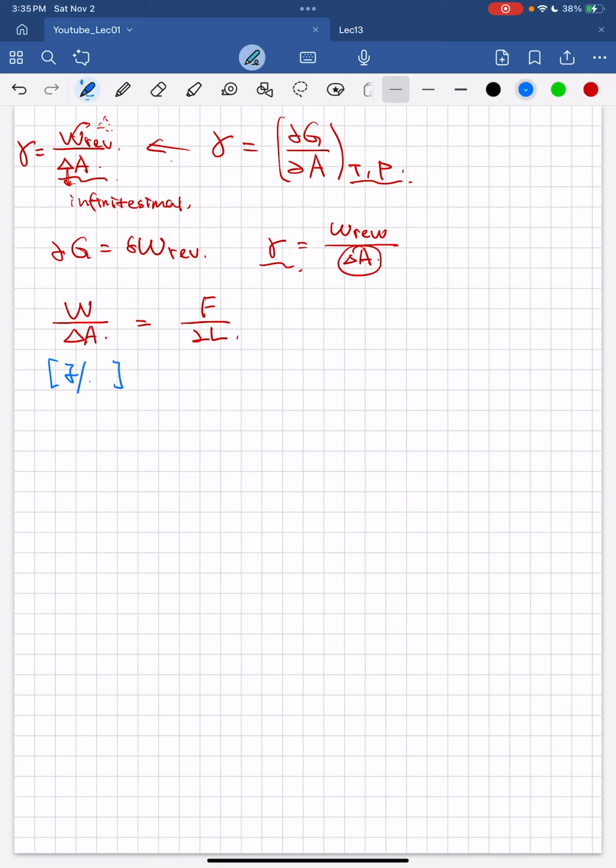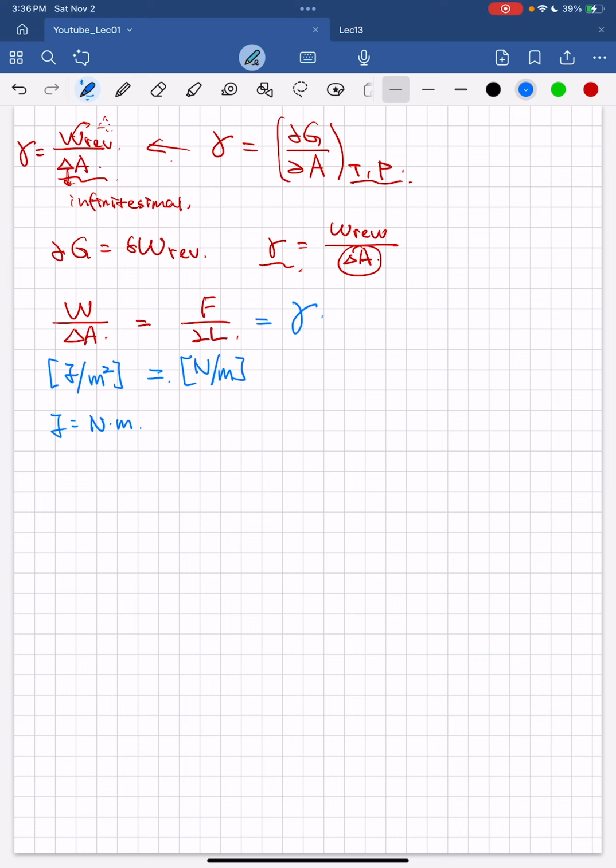Joule per meter squared and Newton per meter is basically the same unit. You'll realize because Joule is Newton meter. Okay, so which is equal to gamma. They are the same when it comes to liquid surface.